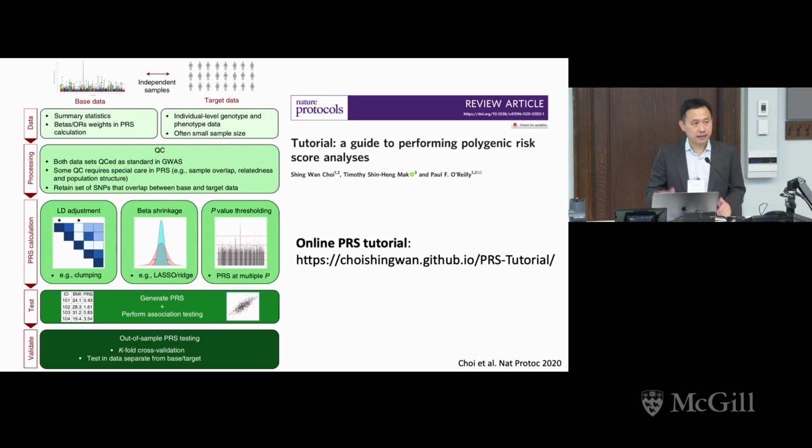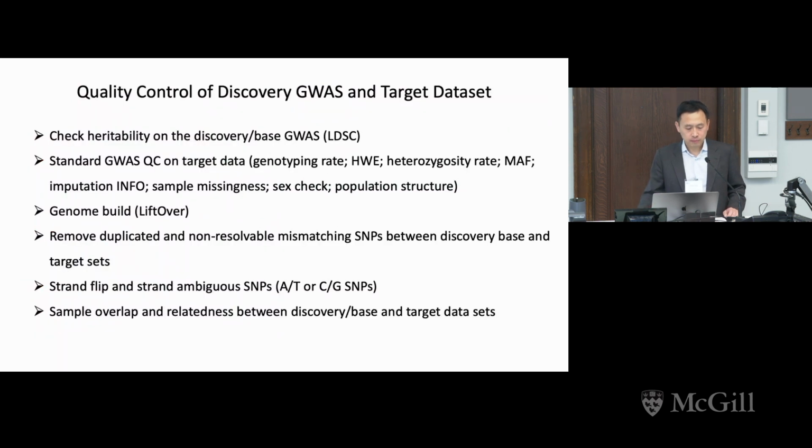I'll skip the data sets, assuming you will be able to download the summary stat as well as have access to your own cohort. So the next thing would be to do the QC. The first step of QC in calculating the PRS is to make sure the GWAS summary stat actually works.